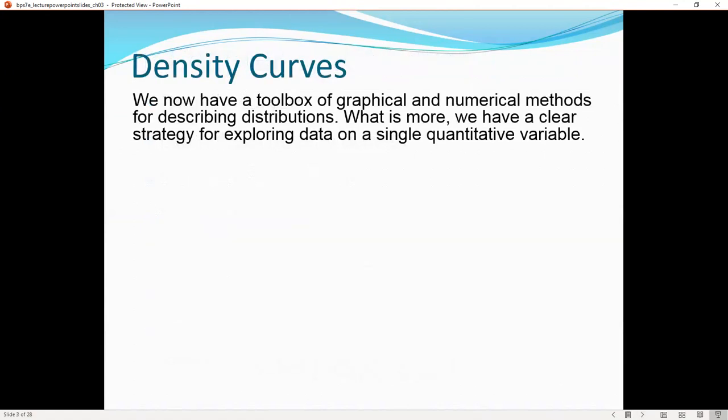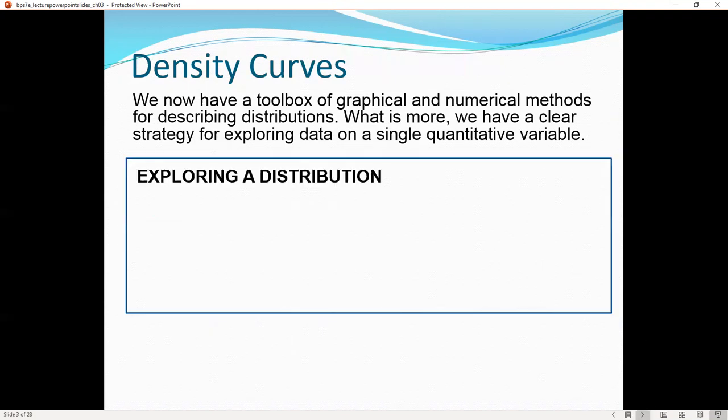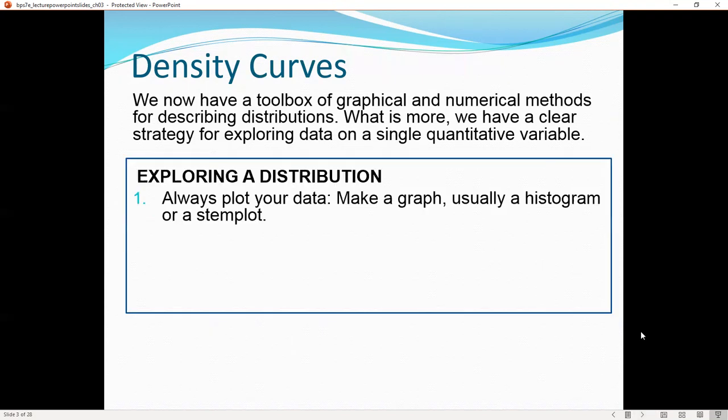Density curves. We now have a toolbox of graphical and numerical methods for describing distributions. What is more, we have a clear strategy for exploring a single quantitative variable. Exploring a distribution: always plot your data.